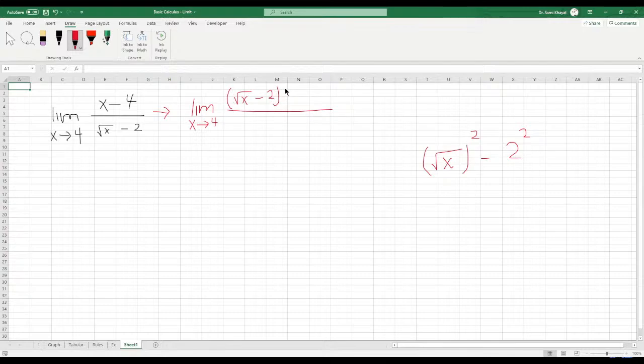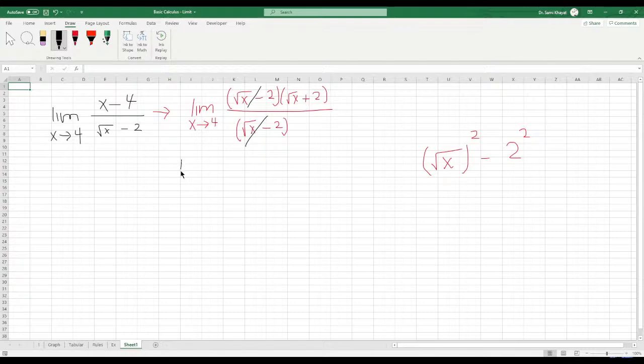You should review your algebra if you forget your algebra. Down is as it is, nothing changes, minus 2. Now this one can cancel this one, and the remaining is only this one.